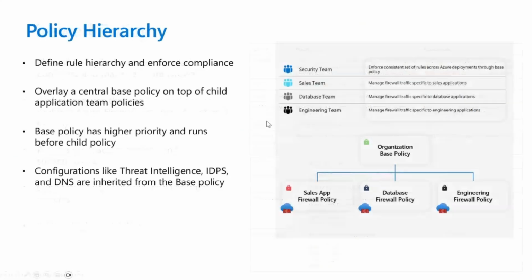Okay. Next, we have the policy hierarchy. Using firewall policy, you have the option to create a hierarchy structure using parent policy and child policy. Let's say, for example, your organization has one team that defines global security rules that can only be changed by them, nobody else, and then other teams managing firewalls at the specific line of business level, and they have specific requirements, right?